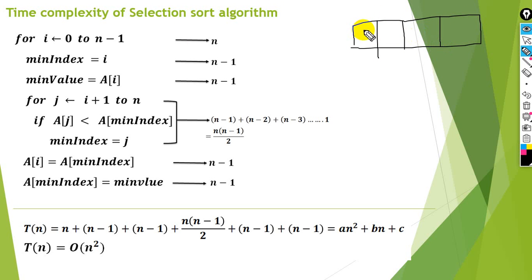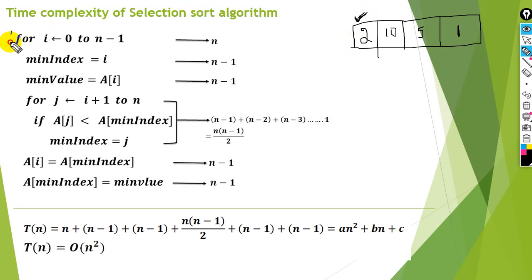For example, I have 2, 10, 5, 1. In selection sort, first a minimum index is selected. The first item will be selected as the minimum index.